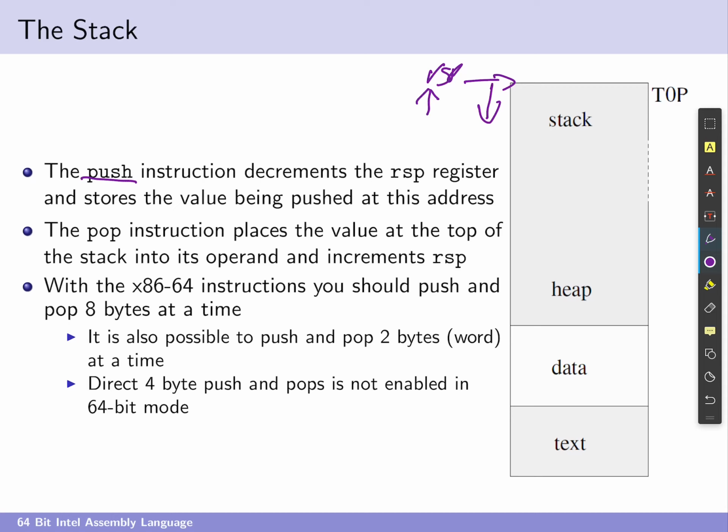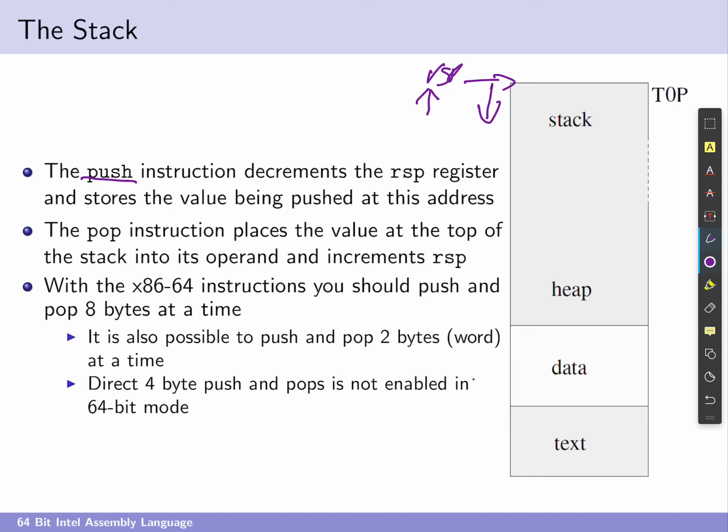Now with x86 64-bit instructions, you should always push and pop 8 bytes at a time. There's a good reason for this, which is related to stack alignment, which I'll get to as we proceed with how to write functions in assembler. You cannot, in 64-bit mode at least, push and pop 32-bit registers directly. It's disabled.